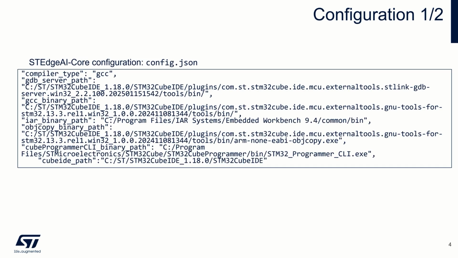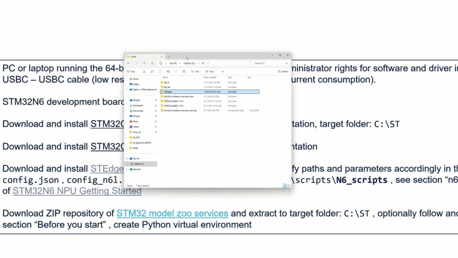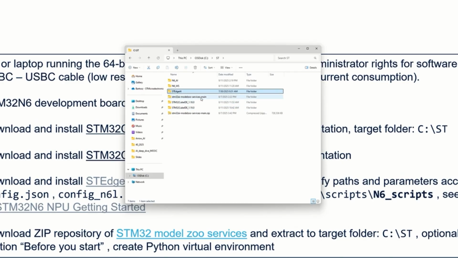Then let's come back to the prerequisites. So the last action is to download or clone the STM32 Model Zoo Services repository, because during the hands-on we are going to focus on the application code from this repository. So I can show you.